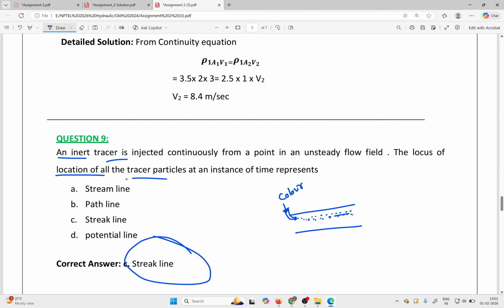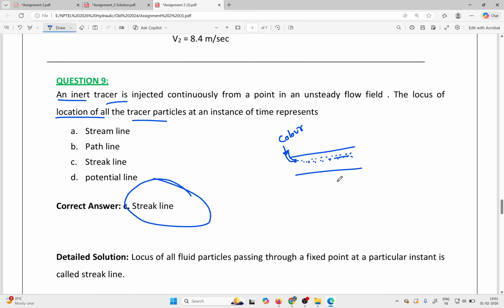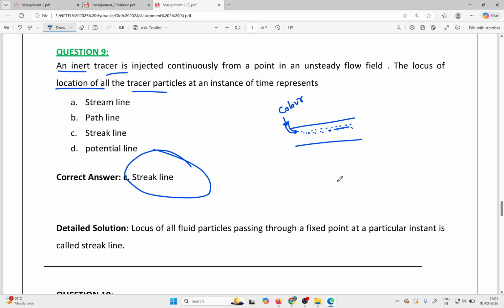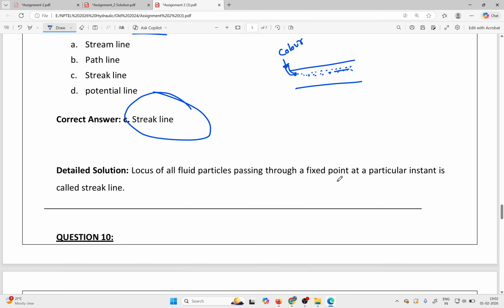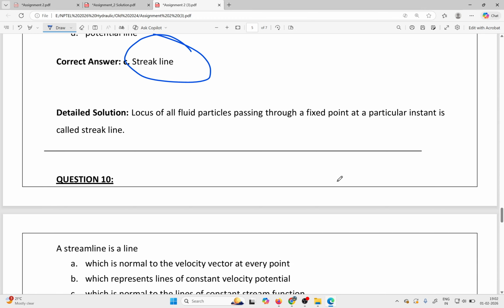The locus of the location of the trace particles is known as, I think, the streak line or path line. Please confirm; very important. It is the streak line, okay, fine, not the path line.